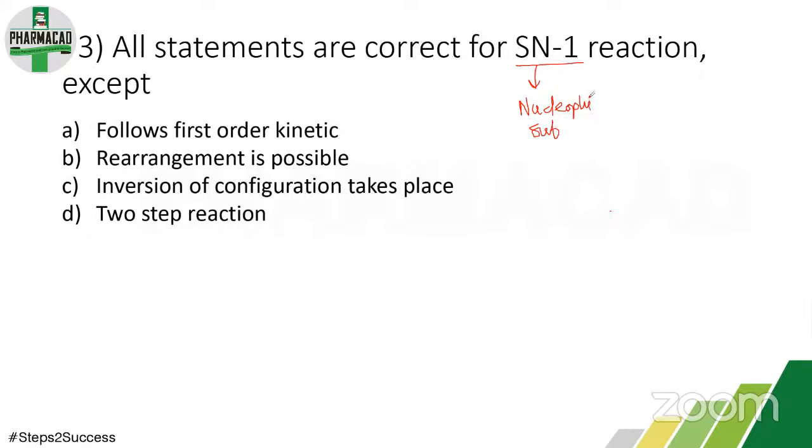Okay. 1 stands for unimolecular because the rate of reaction only depends on the substrate. Okay, in this, the substrate is alkyl halide.